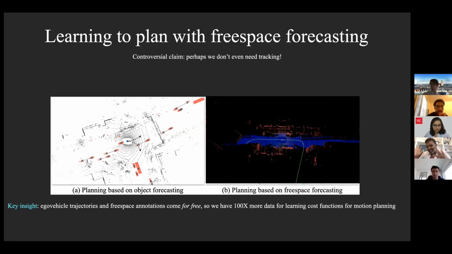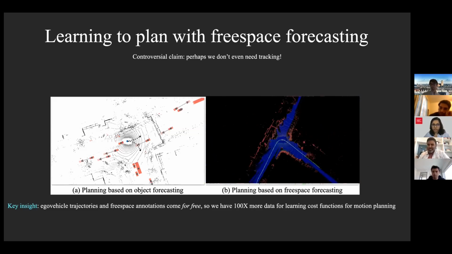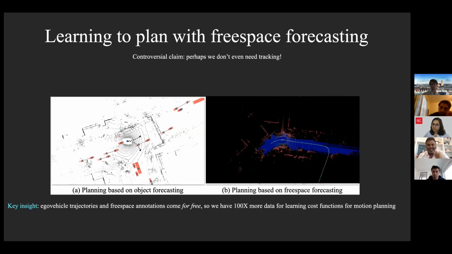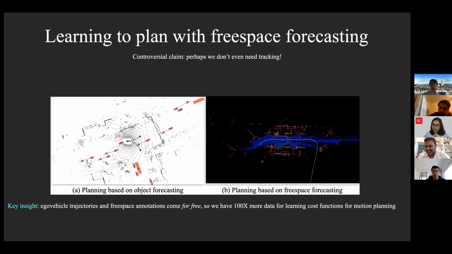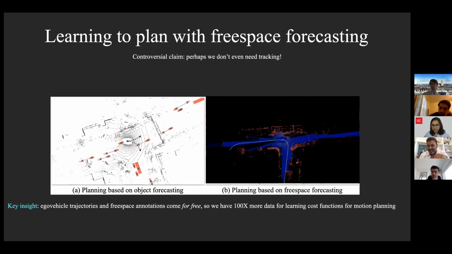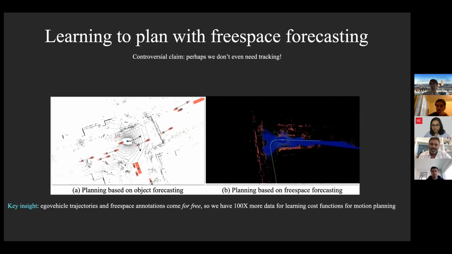So we've hinted at, supervision is a crucial issue here. And now, if you think of the millions or billions of miles of this kind of data that's being collected, I would say less than 0.1% of it is annotated with boxes. And so 99.9% is just the raw data, but maybe we can actually use that as a training signal for understanding where free space is in the future.